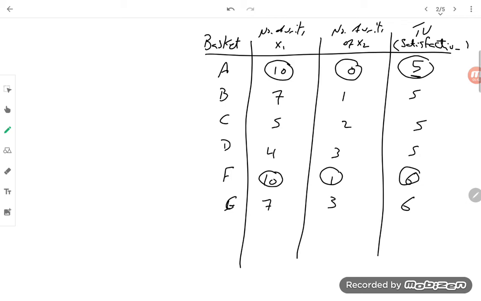So from this table, we can conclude that bundles A, B, C, D give the same level of satisfaction. So any individual is indifferent between A, B, C, and D. Indifferent means they are equivalent to each other for any individual.